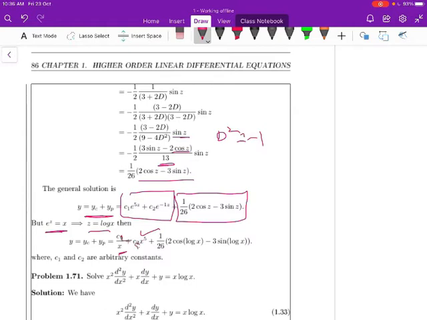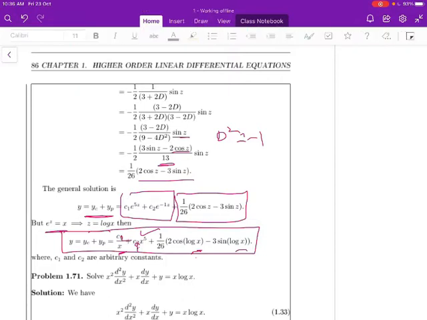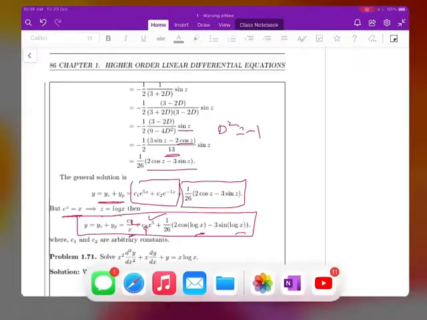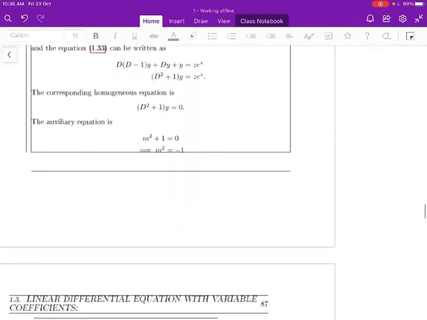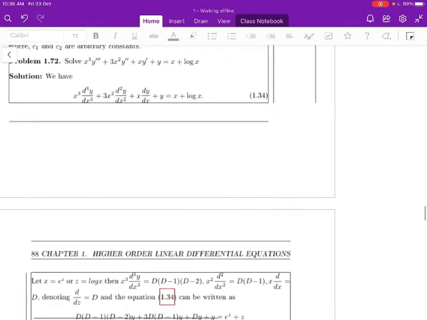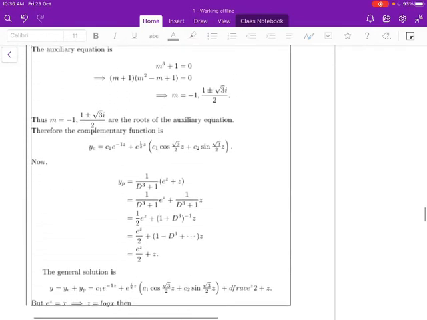Plus 1 by 26 into 2 cos of log x minus 3 sin of log x. So this is the general solution of given Cauchy's linear differential equation. So you can solve the rest of the problems yourself. Now let us move to the solution of Legendre differential equation.